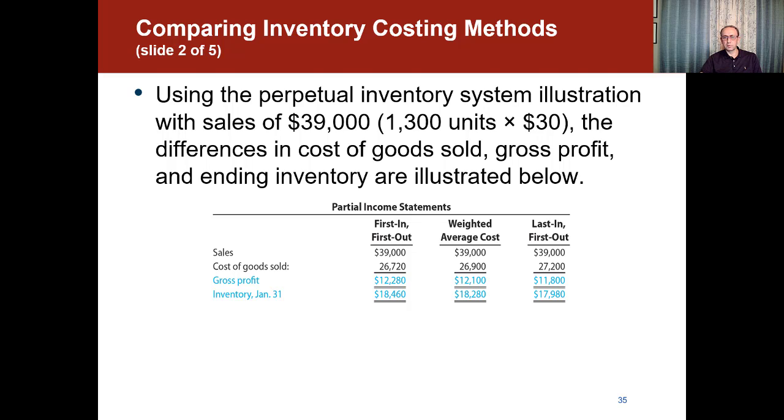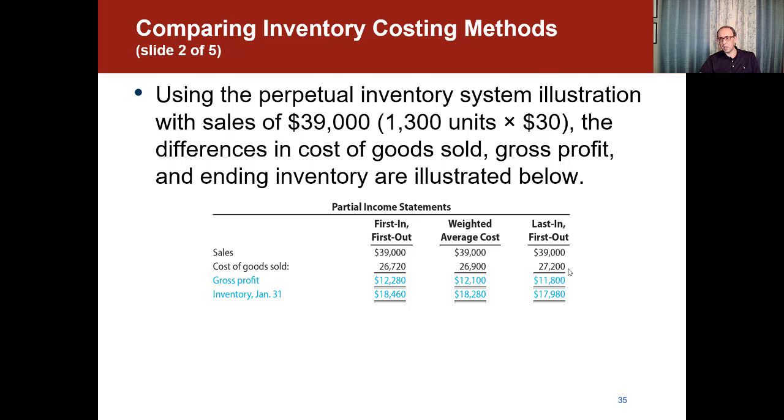You can see that for sales, we have a fixed value, whether we're using FIFO, weighted average, or LIFO. It's always the same, 39,000. The cost of goods sold, based on the schedules that we created before, varied. First in, first out, or FIFO, gave us the lowest cost of goods sold, 26,720. The weighted average was something in the middle, which is 26,900.